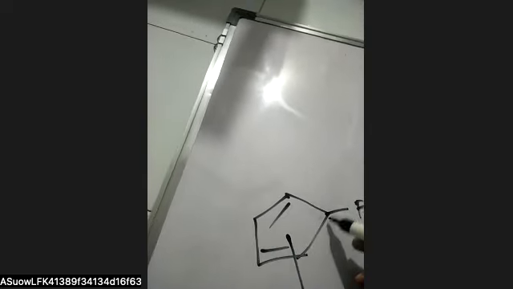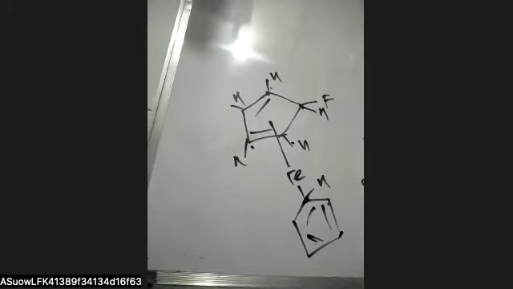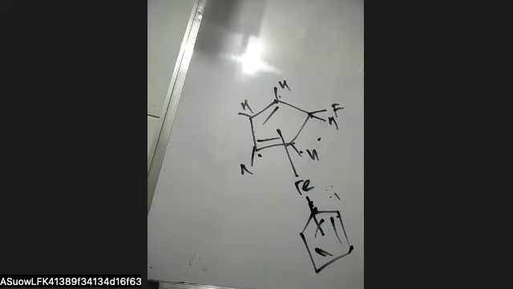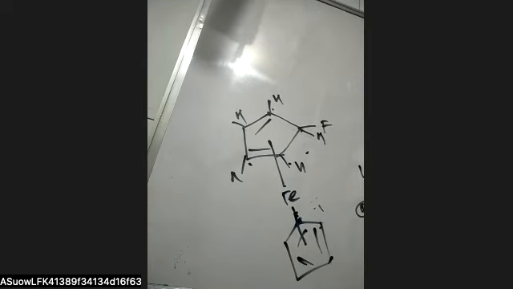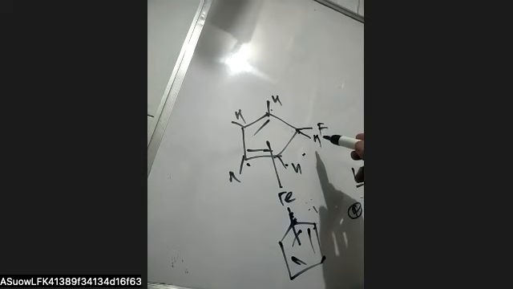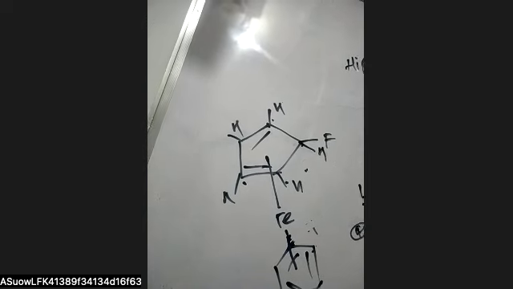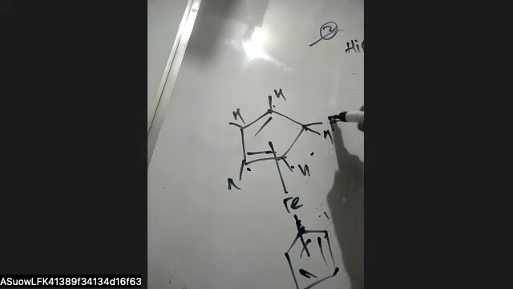For example, at very low temperature we will see 4 signals. But at very high temperature, this bond rotates, and here we see only 2 signals, because this fluorine atom changes its position, and all these hydrogens become somewhat equivalent.